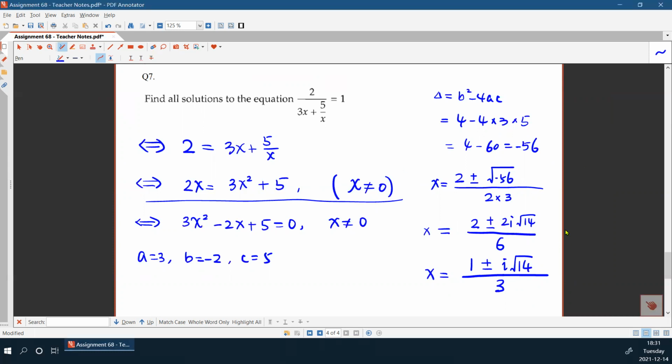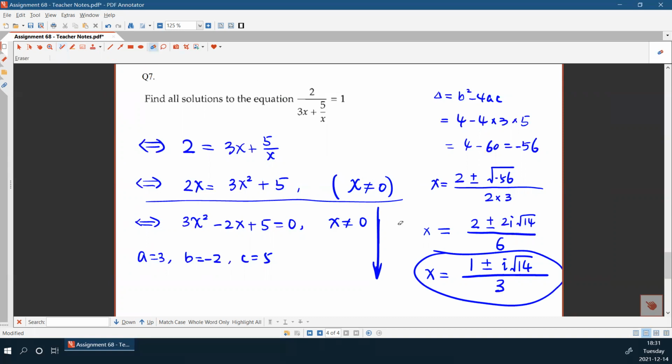And I forgot to mention that all the steps following this step are based on the assumption that x cannot be 0, right? So again, you need to verify if your solution here is 0. If it is 0, it will contradict the assumption here, right?